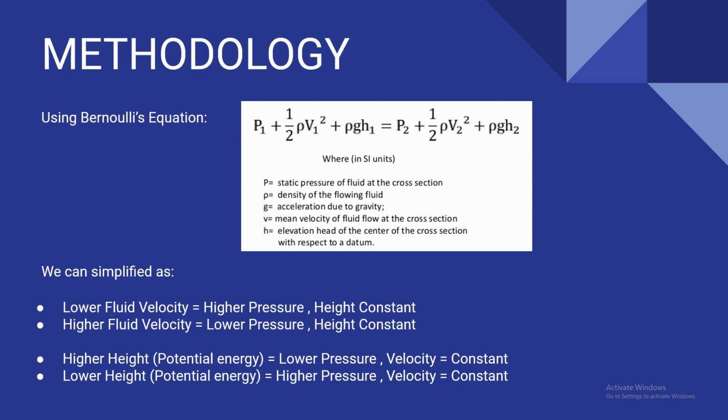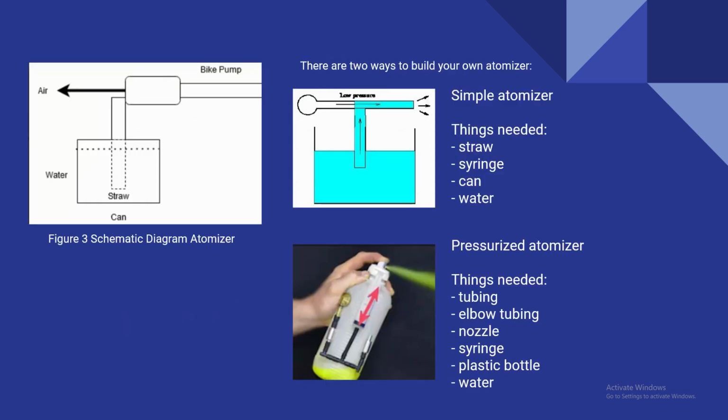So in this project, we are changing the pressure to make the atomizer spray more liquid, to make the atomizer push more volume of water out at the nozzle. There are two ways to build an atomizer.